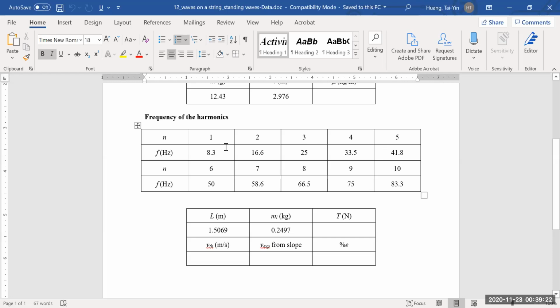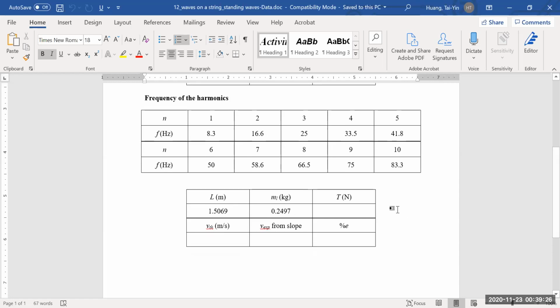So you need to key those data points into Excel. On the Excel, you should have the first column as N, the second column as the frequency F, and the third column as N over 2 times capital L. When you do N over 2L, don't forget the parentheses.